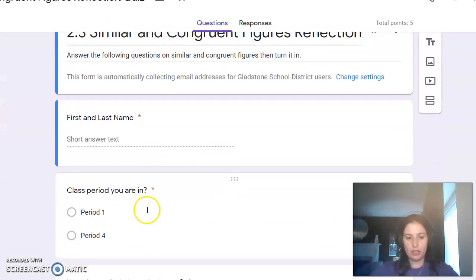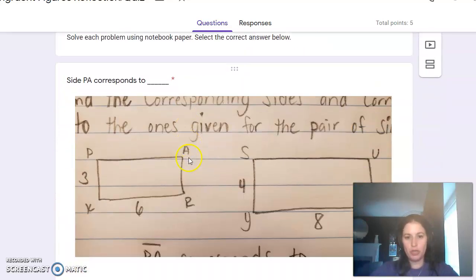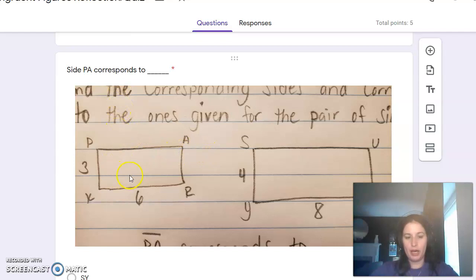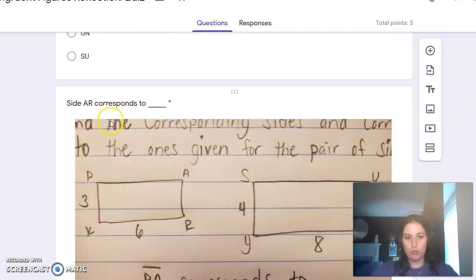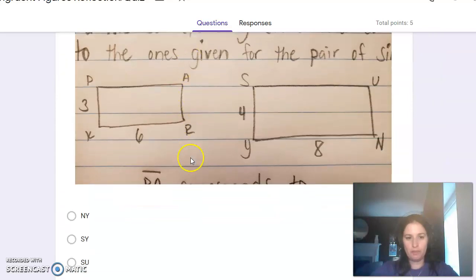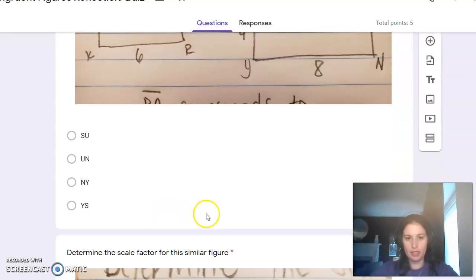So you will have your questions at the beginning. Section 2. This week I have just images of your questions. Side PA corresponds to what other side for this second figure that you see? You will have your side options, and there are 4 questions regarding that.